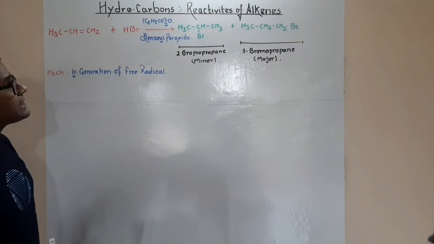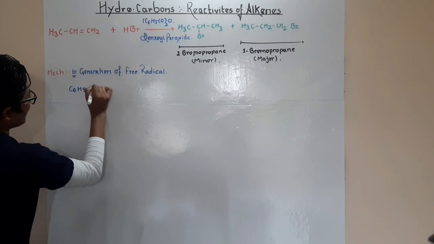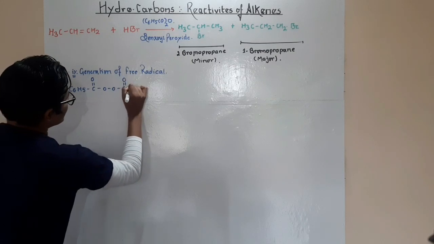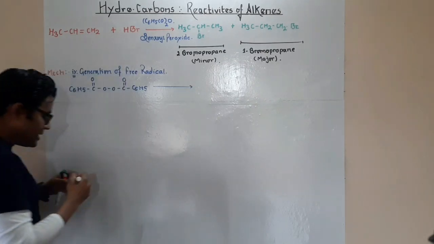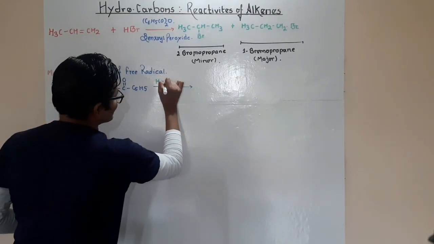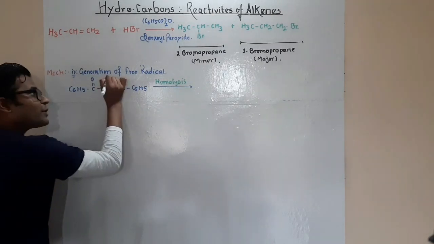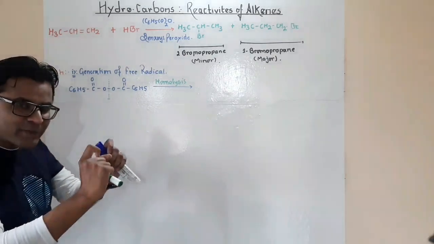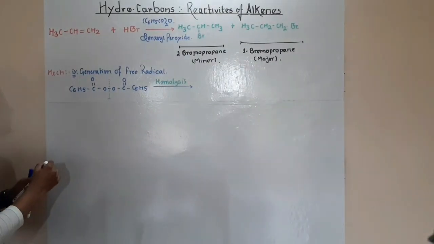In this case, I am using benzoyl peroxide, so let's take benzoyl peroxide into consideration: C6H5 C double bond O, O, C double bond O C6H5. This benzoyl peroxide undergoes a process which we call homolysis. The O-O bond is broken in such a way that both oxygens have 1 electron each.